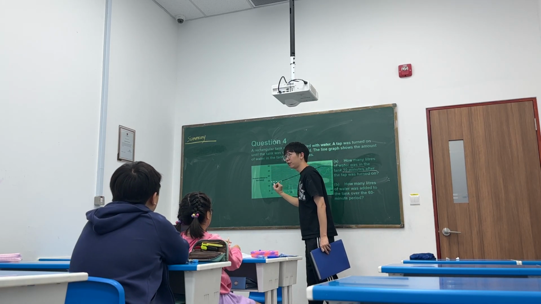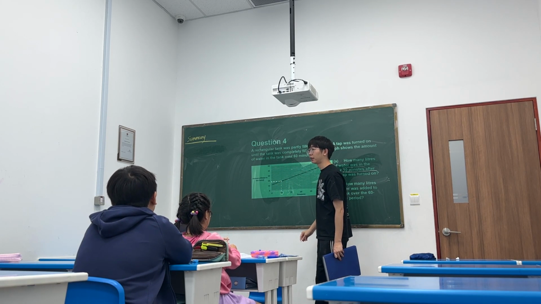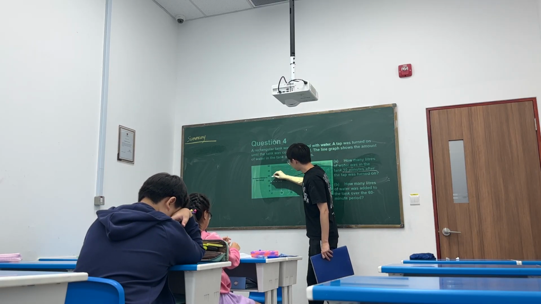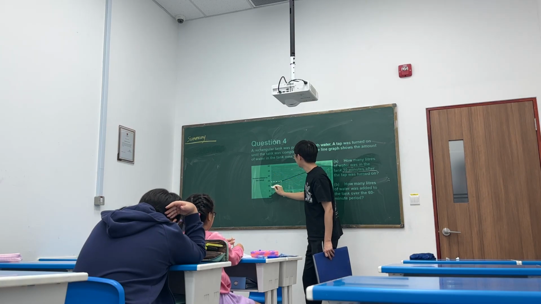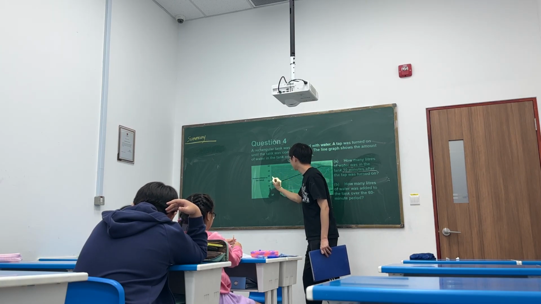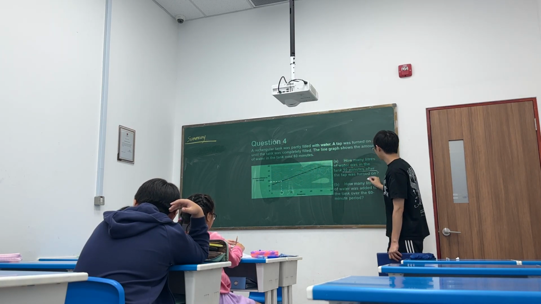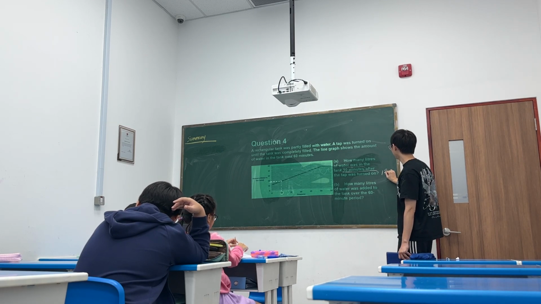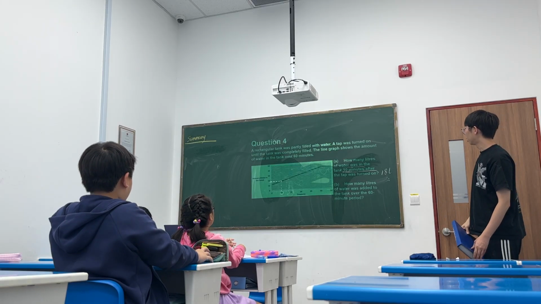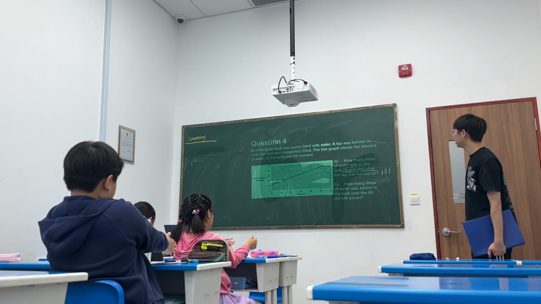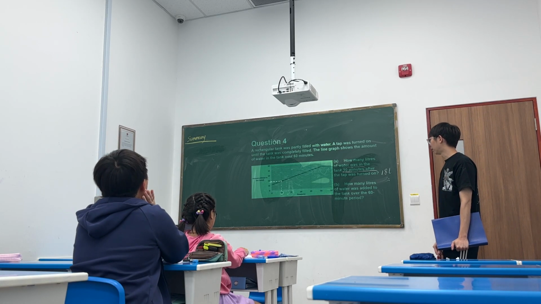Now, what is this value? 18, very good. Because here you have 20, you get one interval less than 20, so this value here is 18. Alright, so there are how many liters of water? 18 liters of water.